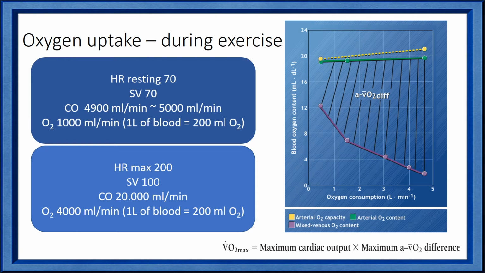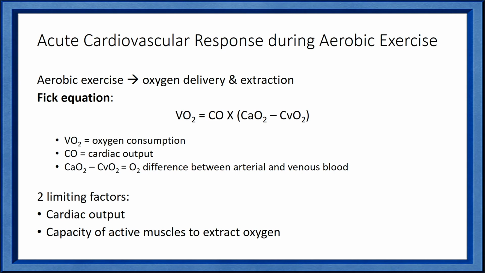Here we show the changes in oxygen uptake which occur when a person performs maximal intensity exercise from a resting condition. Notice that even during heavy intensity of exercise, the blood oxygen content will not decline to zero.